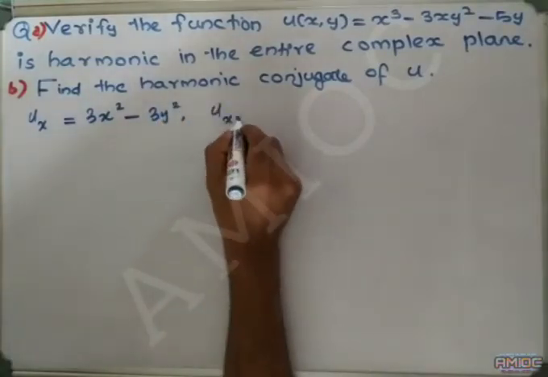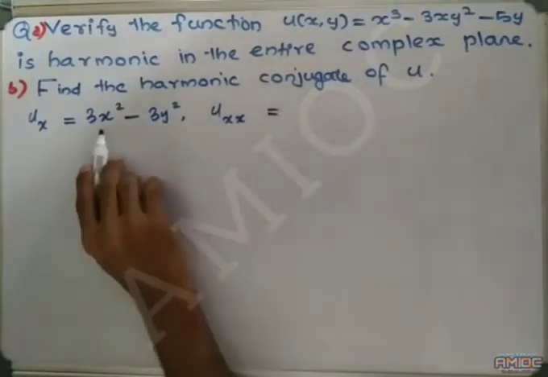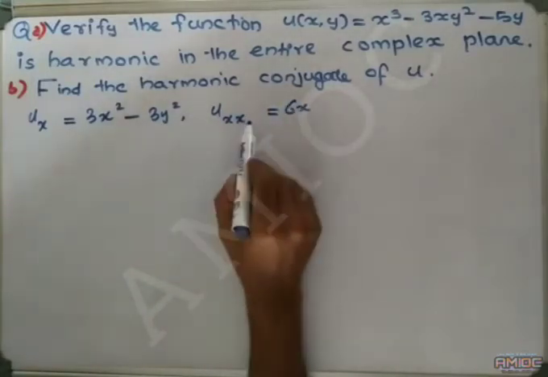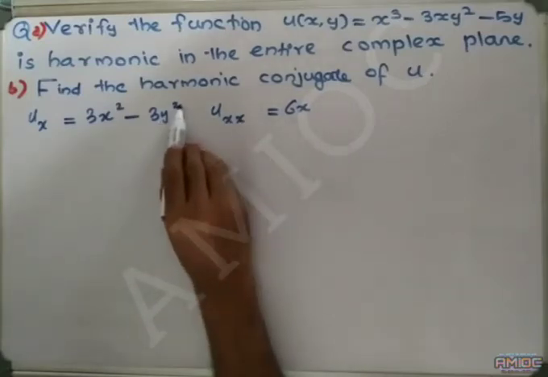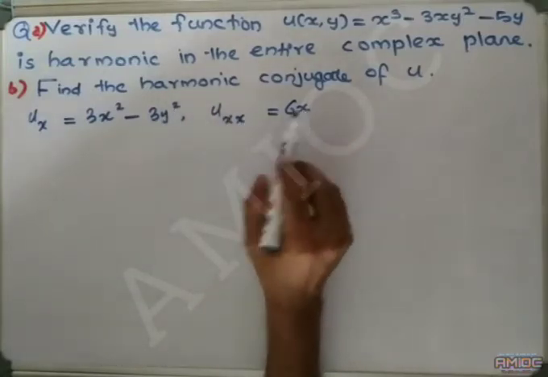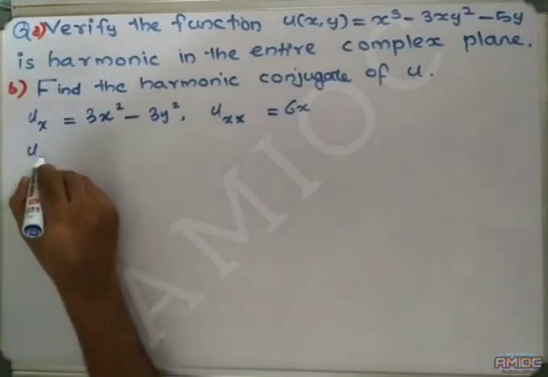Again differentiating with respect to x, the derivative of 3x square is 6x, and since y square is constant, the derivative of 3y square is 0. Therefore uxx is given by 6x.